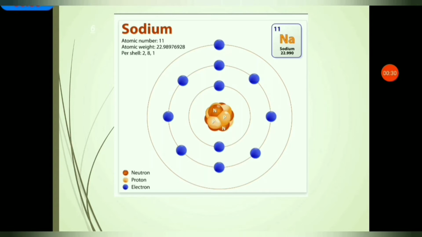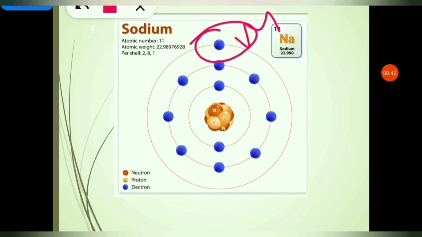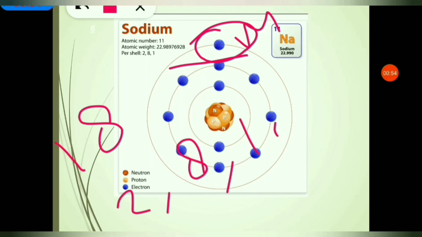Correct. Now what happens in the sodium atom? The outermost shell is which shell? K, L, M. M is the outermost shell. In the outermost shell there is only one electron, but the capacity of the third shell is 18. As we know, the first shell holds 2 electrons, the second 8, the third 18.